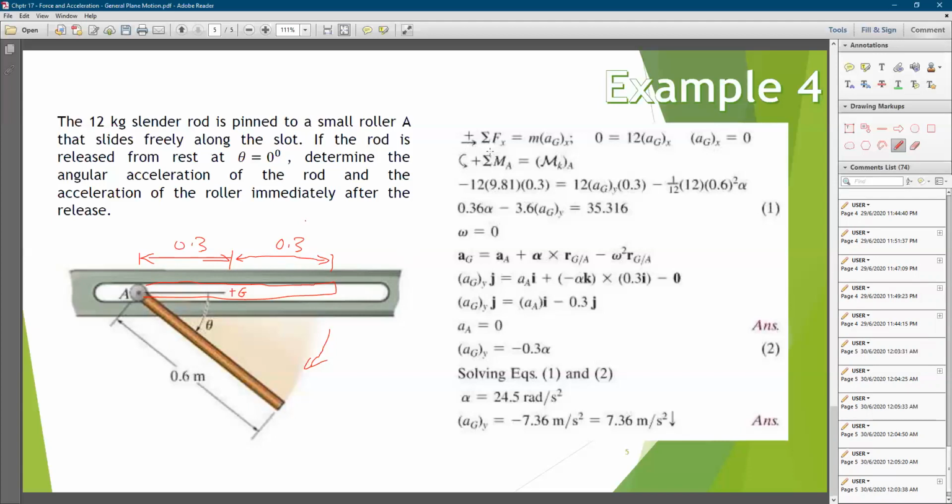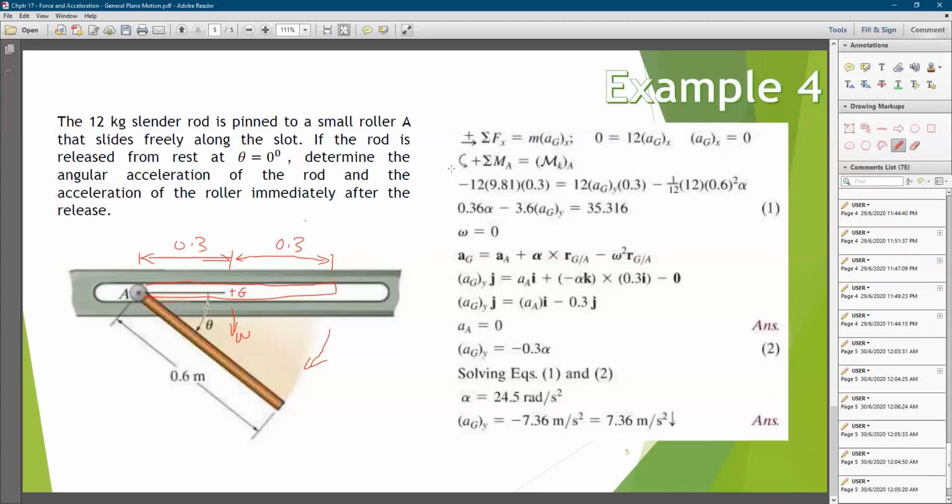There are forces in the y direction, where there is a mass acting at this point G. There is a W here, but in the x direction nothing is there. So that's why AG in the x direction is equal to 0.